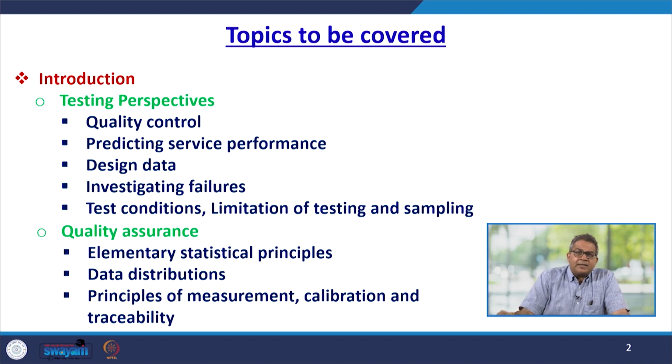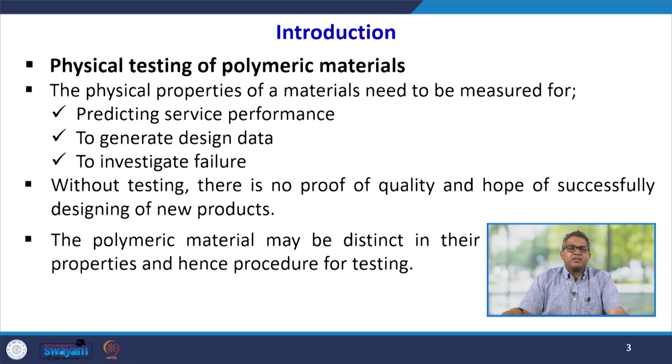The elementary statistical principle we are going to discuss, and then data distribution. We will discuss the principle of measurement, calibration and traceability. All these things we are going to discuss in this particular segment.